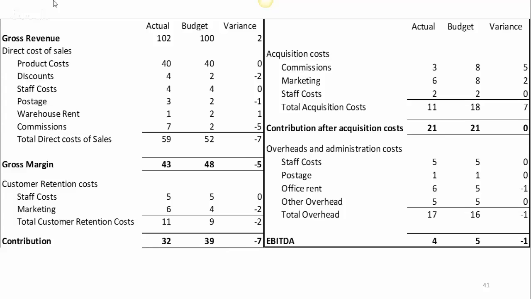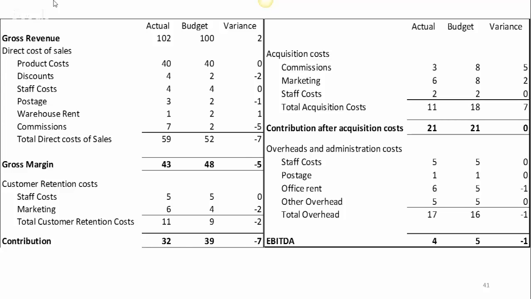Let's have a look at revenue, for example. Revenue is in line with budget, but looking at the real numbers or the breakdown, I can see that my gross revenue is above budget, but I'm giving away more discounts. Is that a problem in my business in terms of what I'm planning to do for discounts? Is that something, as a business owner, I need to look at? I have a further look. I've paid commissions on direct cost of sales.